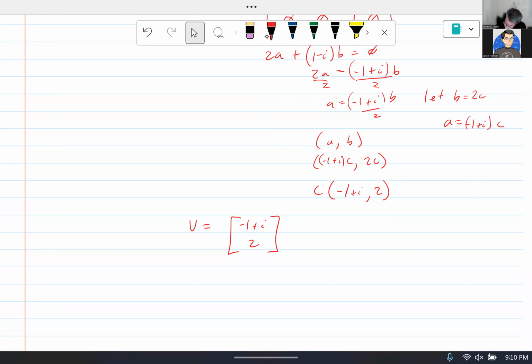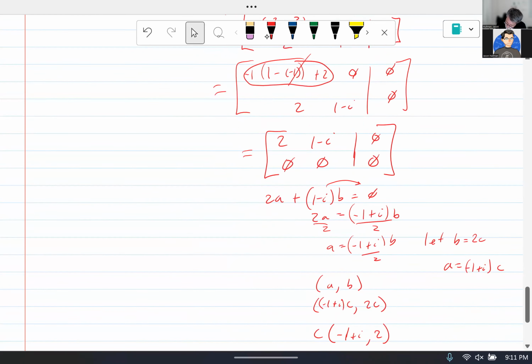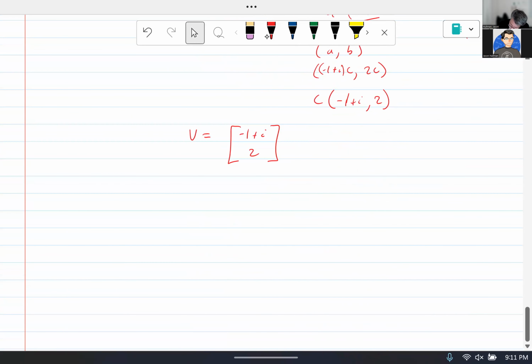Okay, so going back to this guy, if lambda 1 is equal to 3 plus i, we'll call this v1 too if you want. For lambda 1 equals 3 plus i, this is our vector.